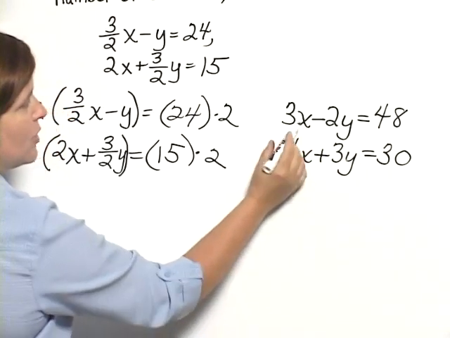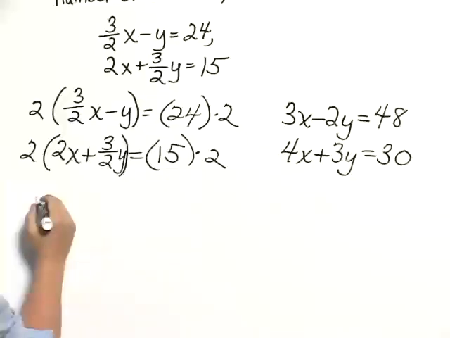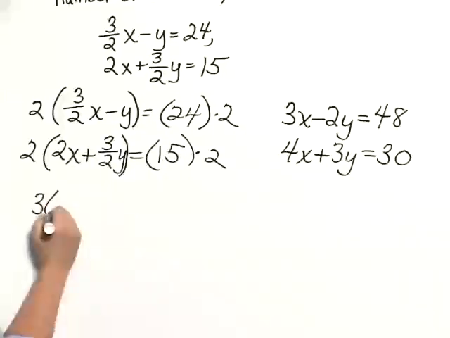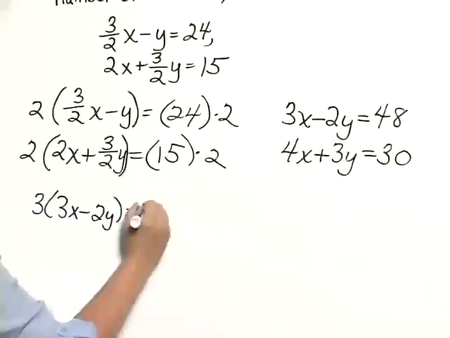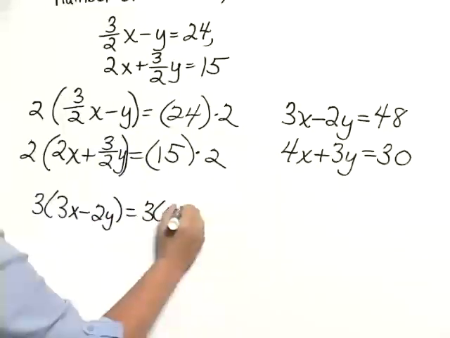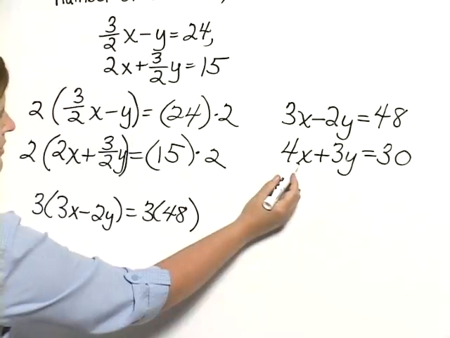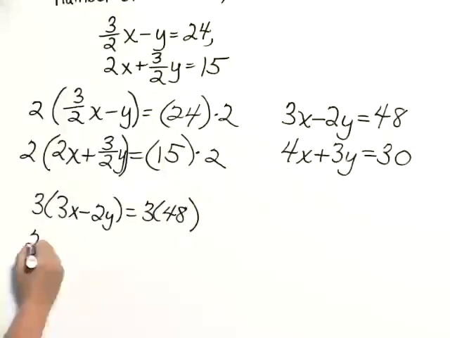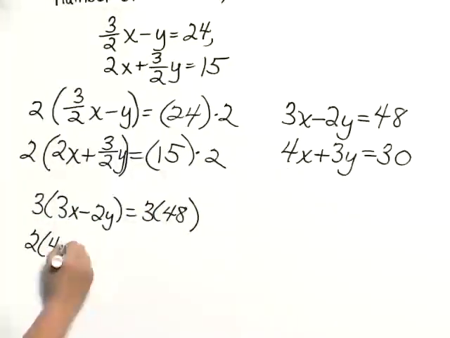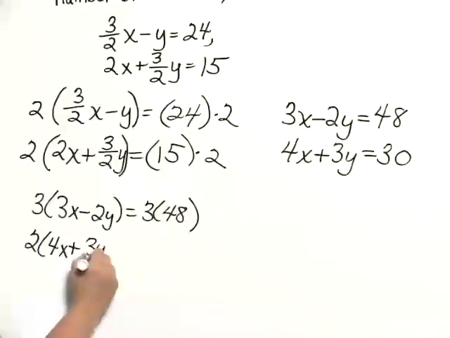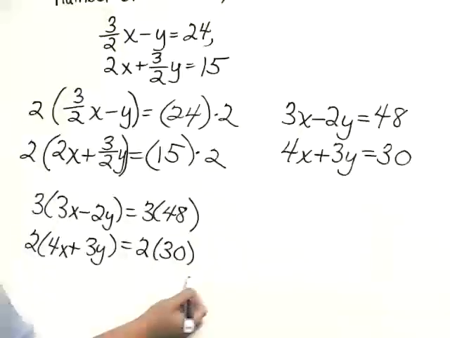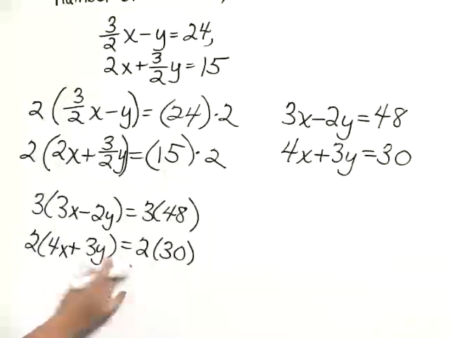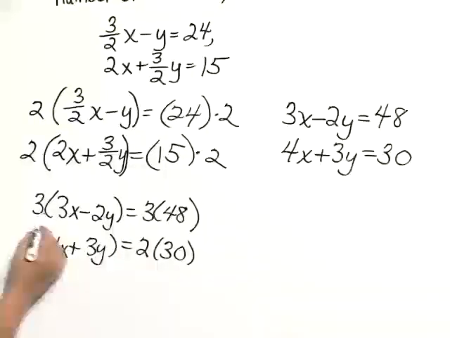So my strategy is going to be multiply the first equation by 3, and again I multiply both sides of the equation by 3, and I'm going to multiply the second equation by 2, multiplying both sides of the second equation. Now this is going to again give me equivalent equations, but in another form, and I'm going to have opposite coefficients for the y.